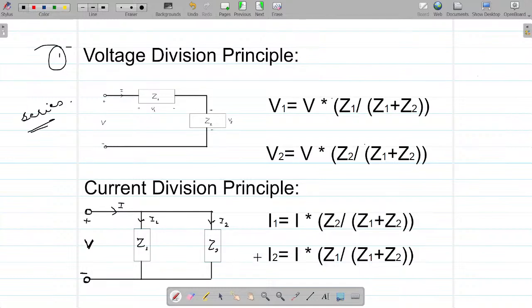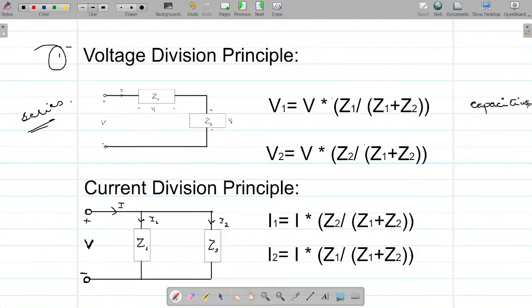The relation shall remain unchanged because we're talking about impedances, right? If you're talking about impedances, the relation shall stay unchanged even when the network is capacitive.